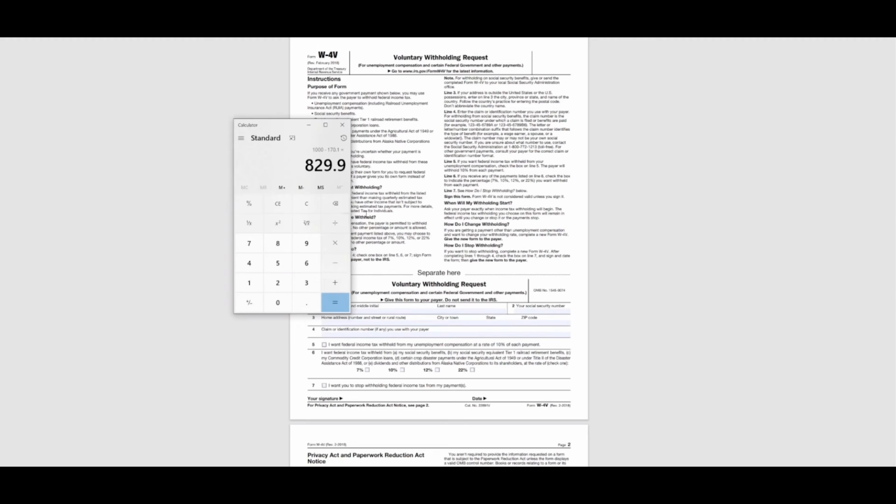Okay. So your voluntary tax is based off of your net, not your gross. So let's say that you did 10%. 10% of $829 is $82.99. If your tax withholding was based off your gross, it would be $100, right? So you can see there's a difference of, what is that, like $17.10, something like that.